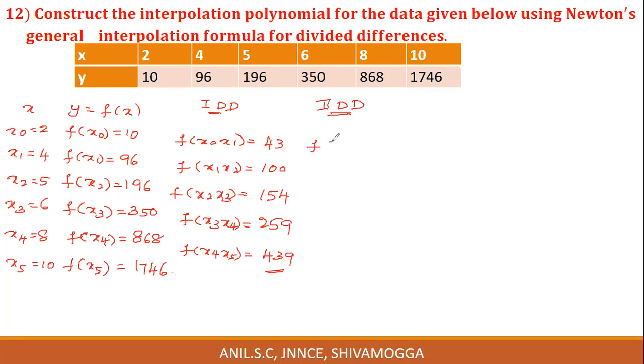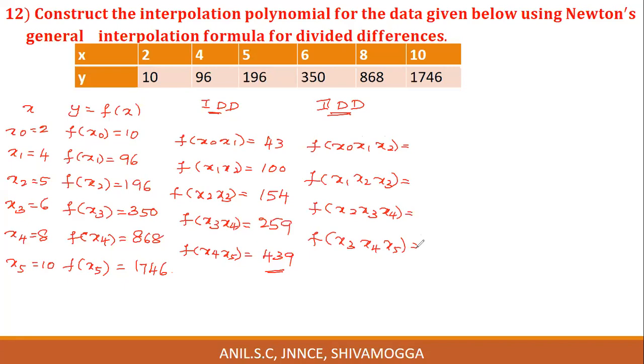Okay. F of x0, x1, x2, second order differences. F of x1, x2, x3. F of x2, x3, x4. And f of x3, x4, x5.